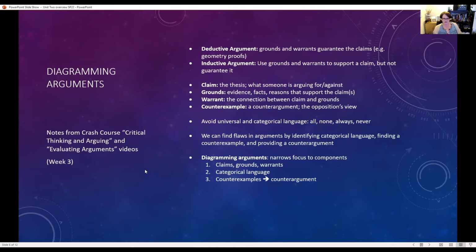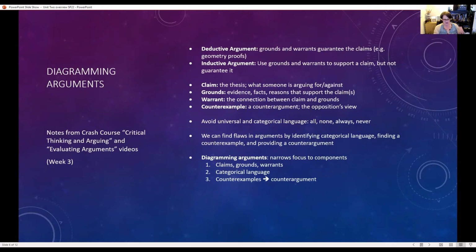And there's some vocabulary that I would like you to become familiar with, because this is vocabulary that's relating to argumentative writing. In evaluating arguments, they make a distinction between deductive arguments and inductive arguments. And she gives the example of the deductive argument where grounds and warrants absolutely, positively guarantee the claims, right?